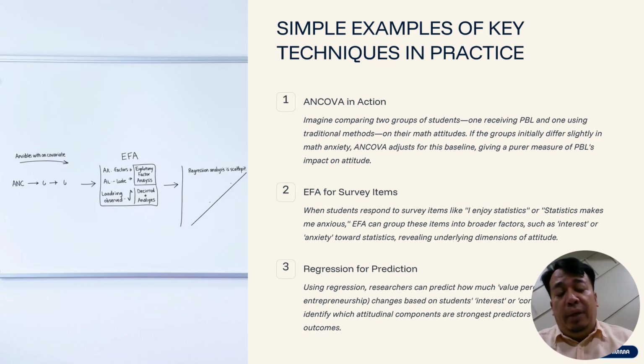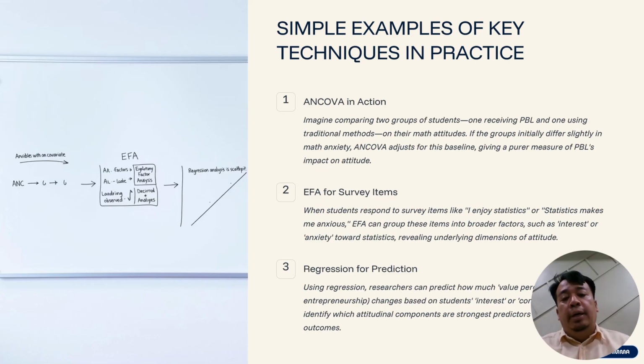Now, let's simplify a few concepts. Imagine you are comparing two teaching methods, one is PBL and the other is traditional instruction. ANCOVA helps you figure out which method works better by adjusting for students' initial knowledge. Next, EFA, or exploratory factor analysis, is like sorting survey responses into categories.